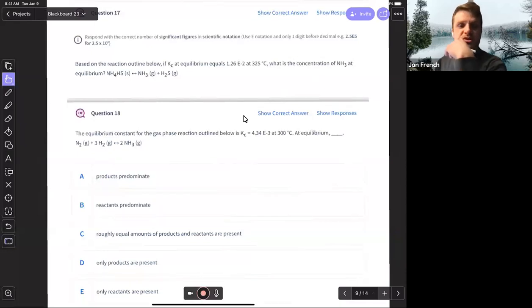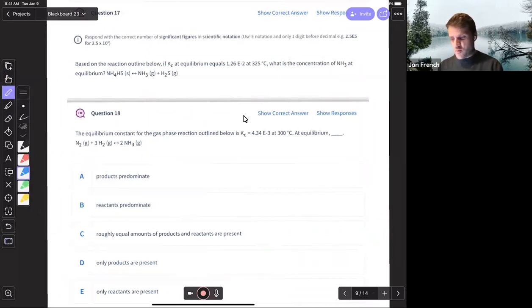So question 17 is pretty straightforward, actually. It should remind you of the KW calculation we did in class on Thursday, because we've got this equilibrium constant, right? We've got ammonium sulfide, which breaks down to give you ammonia and hydrogen sulfide. And it tells you that the Kc, the equilibrium constant, is 1.26 e to the negative 2.